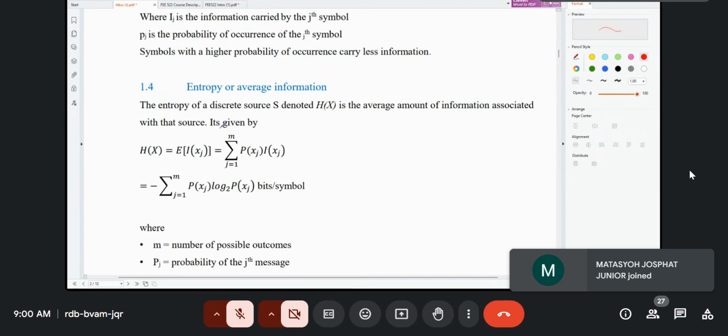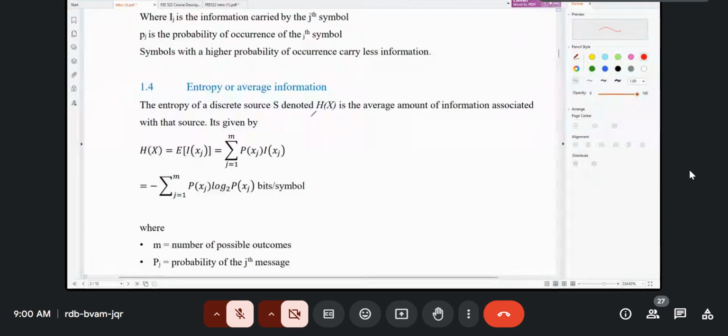So whenever you hear about entropy, you're talking about a source. H of x is the expectation of I of xj.